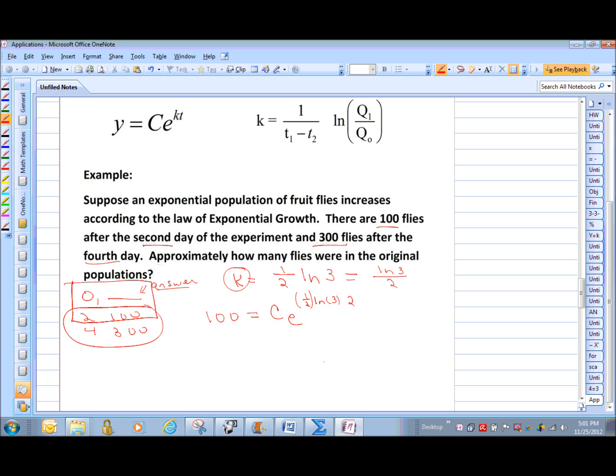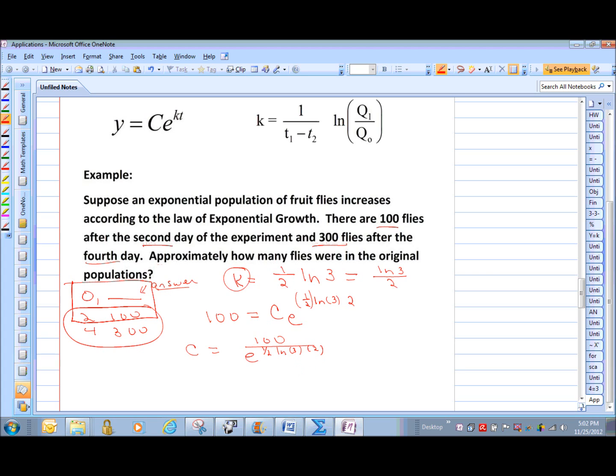So when we get ready to solve this, we're going to have C equal to 100 over e raised to the 1/2 ln 3 times 2.